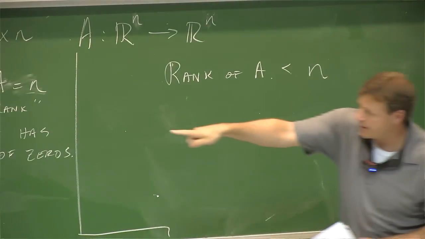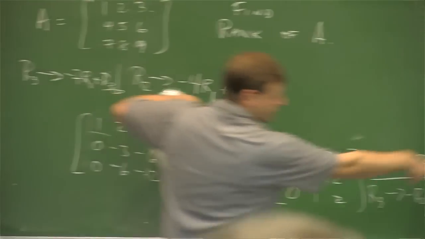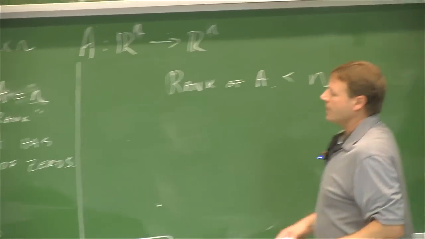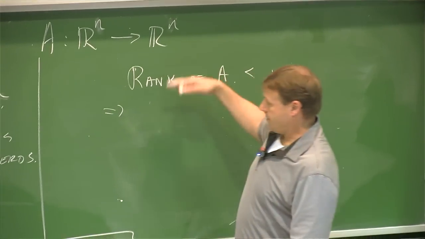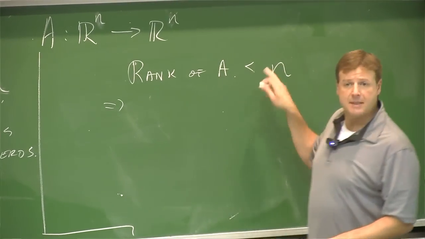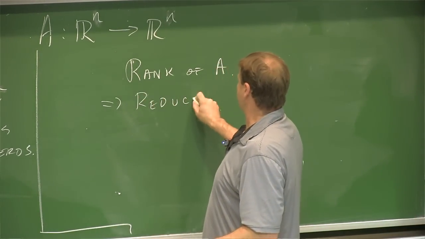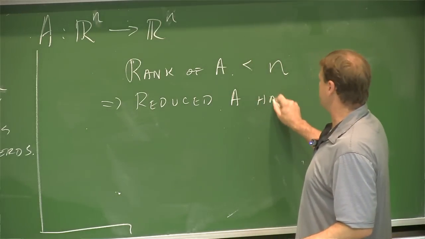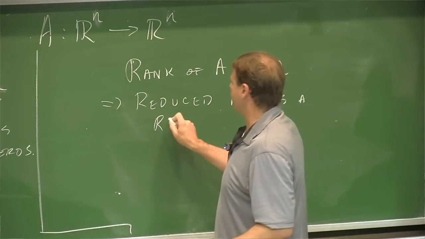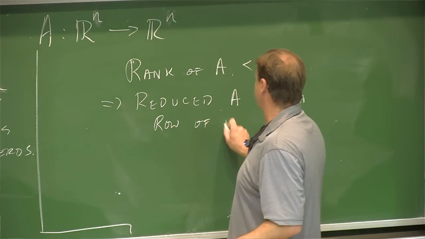So that's this case here, where this was a 3 by 3, and the rank was 2. It wasn't 3. Well, then that means that when I reduce it, if it's less than n, I had to get a row of zeros. So the reduced A has a row of zeros, at least one row of zeros.